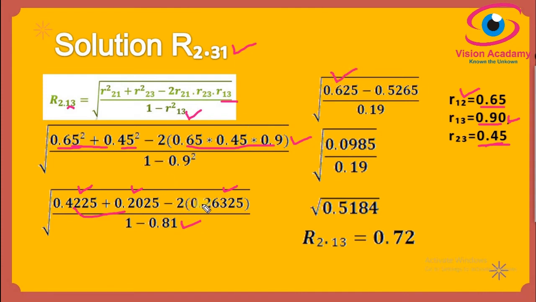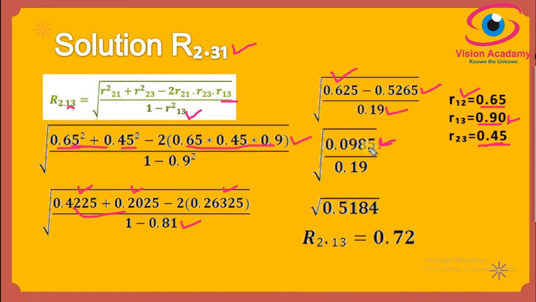Now 2 into 0.26325 will be 0.5265, and 1 minus 0.81 will be 0.19. We will simplify this further. 0.625 minus 0.5265 is 0.0985, which will be divided in the next step.